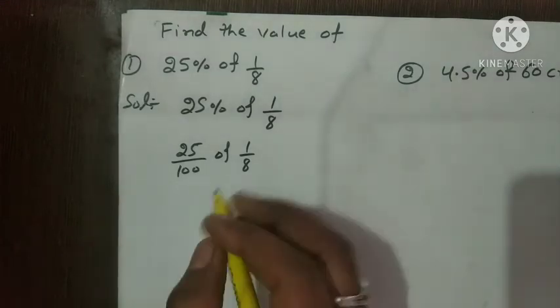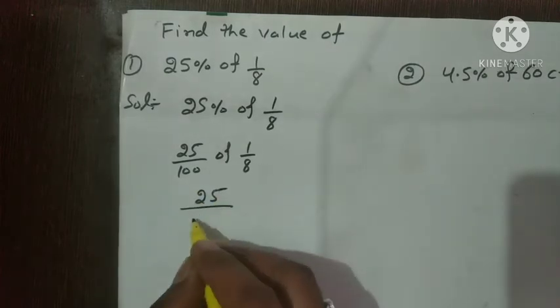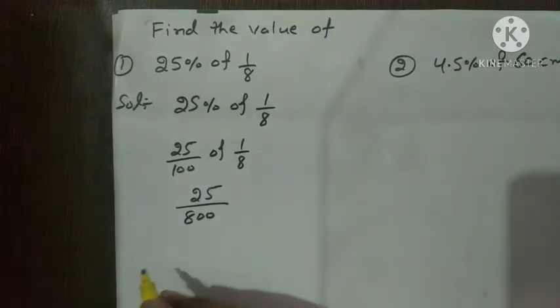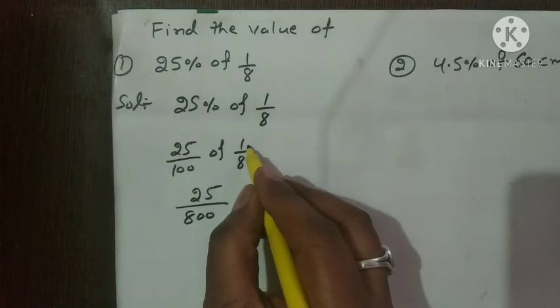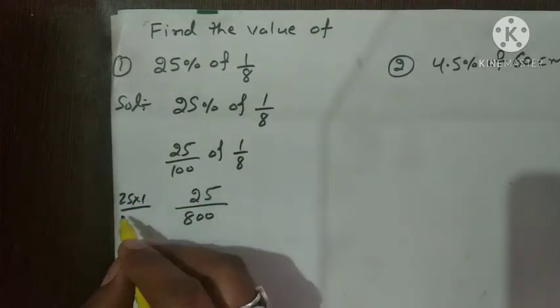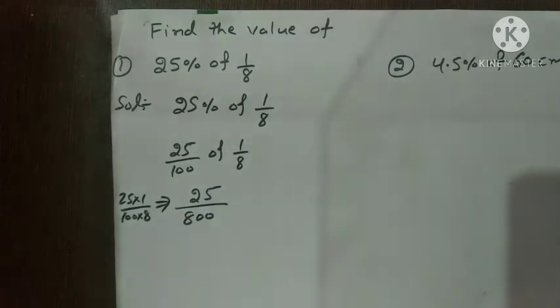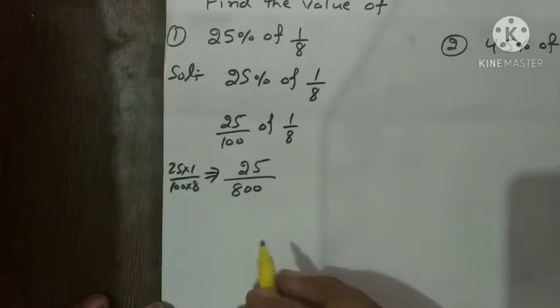So it will be 25 over 800. How? 25 multiplied with 1 is 25, and 100 multiplied with 8 is 800, right? Now this is 25 over 800.